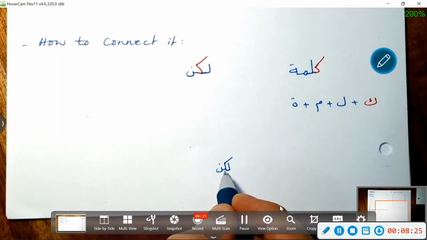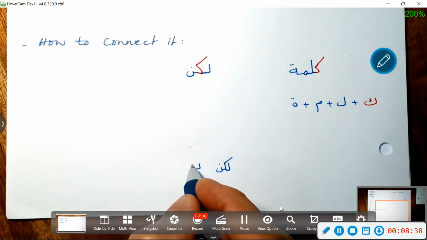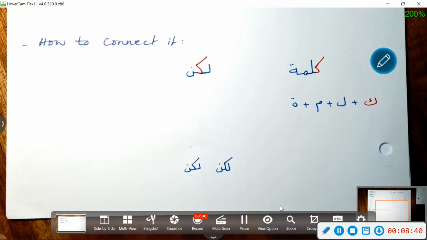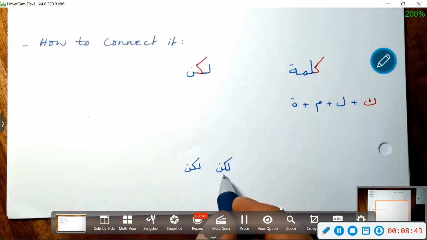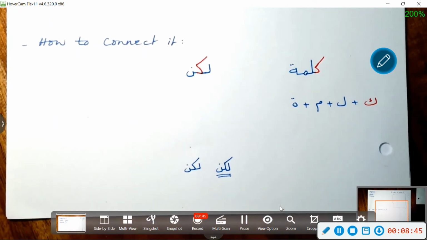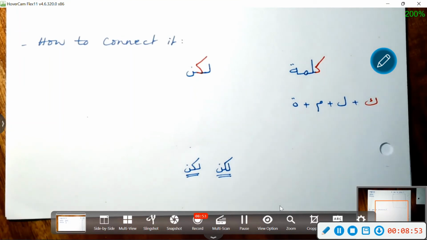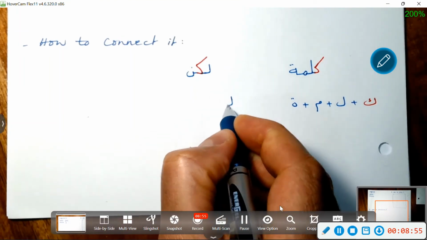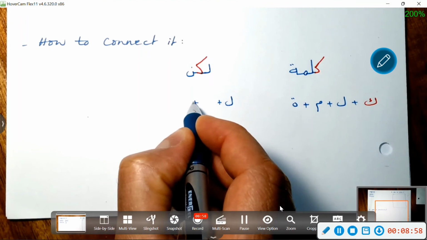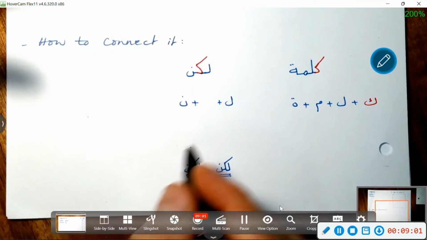And sometimes it's okay not to tell too much the stem of the Ka, based on what kind of word you are writing. And sometimes you do like this, lakin. So for the advanced, that's okay. But for the beginners, I would like you to write Ka like this, tilt it. So we have lam plus kaf plus noon, and this is the kaf.